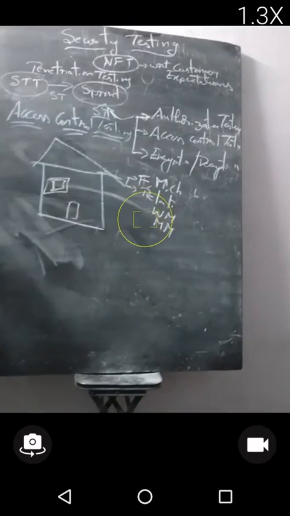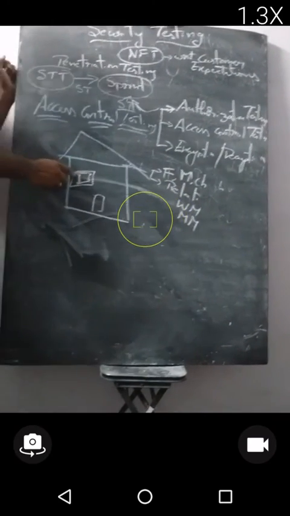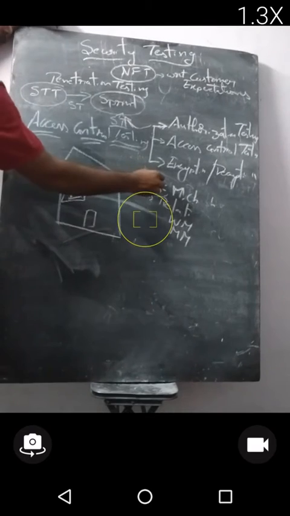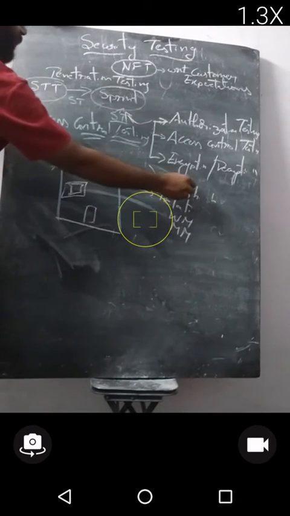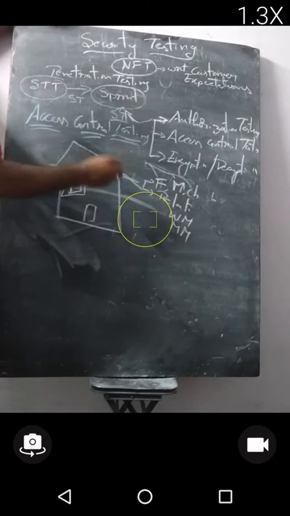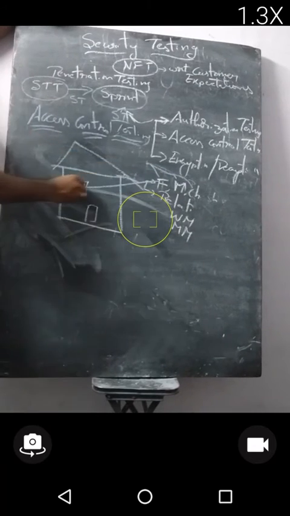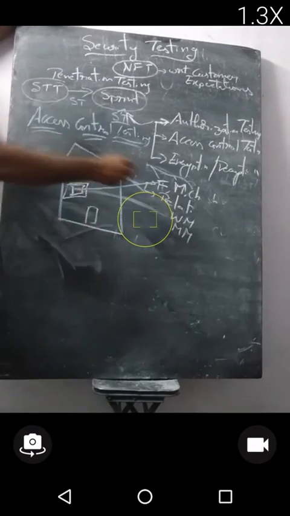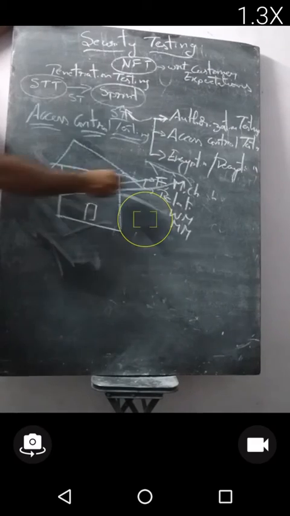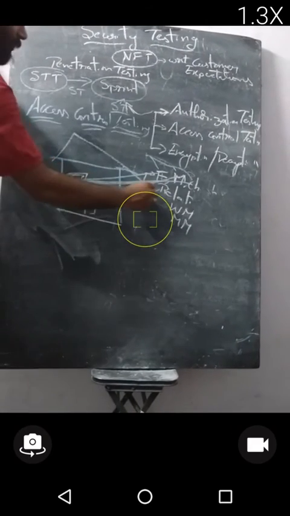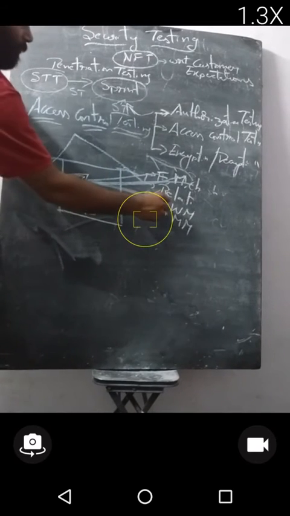Now, who can access this locker? Who has the access right? The father has access right, the mother has access right, and the children have access right. So the father, mother and children can access the locker inside the home. But relatives cannot access the locker.